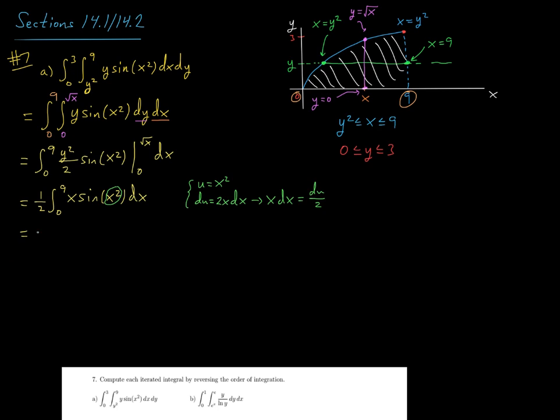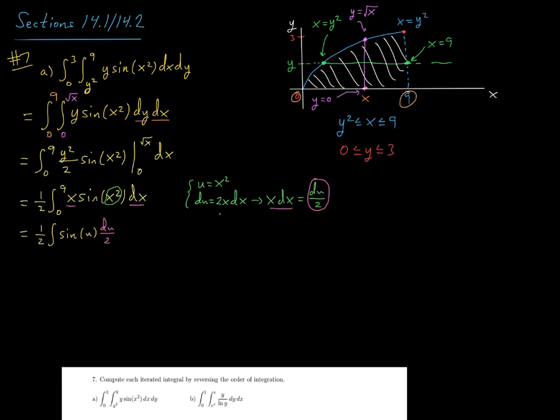All right, so then to write down the integral, we're going to have 1/2 times the integral of, so I'll put the sine of x squared part first, that's just going to be the sine of u, and then for the x dx part, that is du over 2. And then lastly, I'm going to go ahead and change the limits of integration.